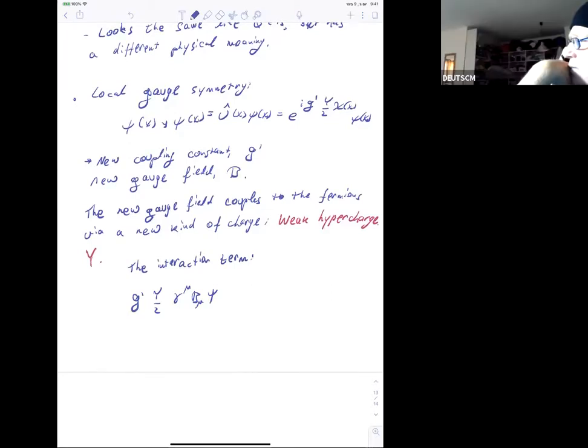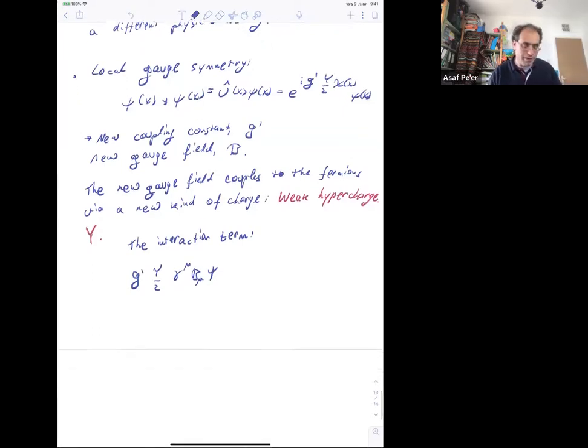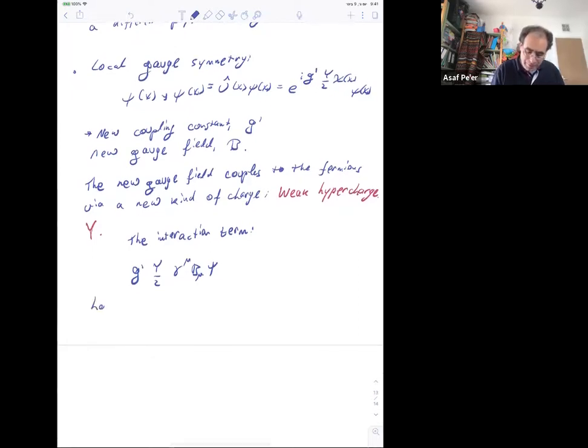Okay. So it has exactly the same form as we had for the QED interaction term, for the U(1) gauge symmetry of QED.